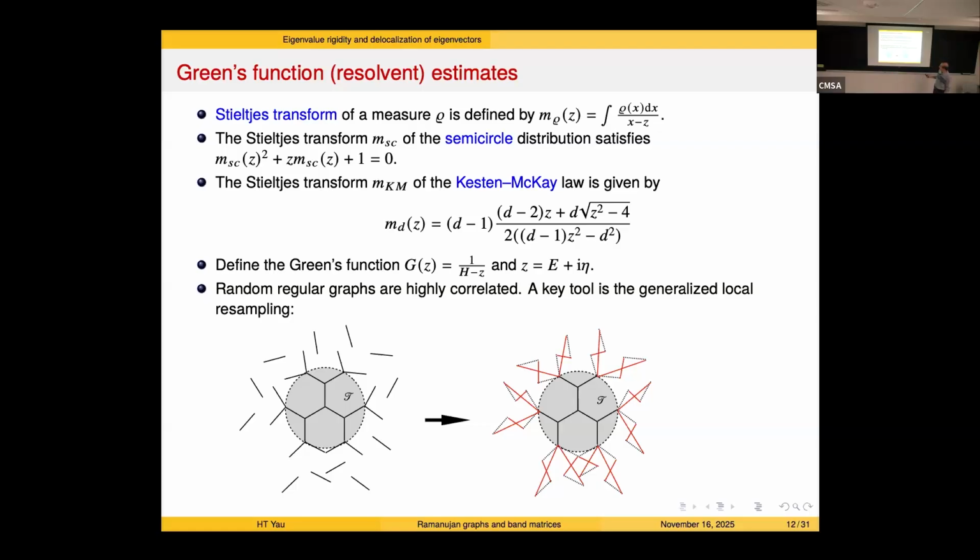And then the whole problem, computing the trace of the Green's function and so on, has to use only this independence, and so you are able to prove that the trace of the Green's function satisfies the self-consistent equation of Kesten-McKay law, similar to this one.